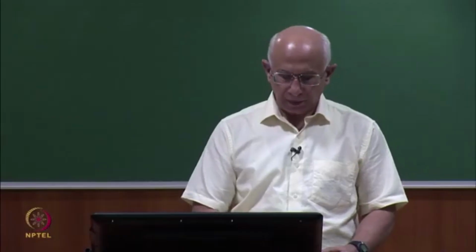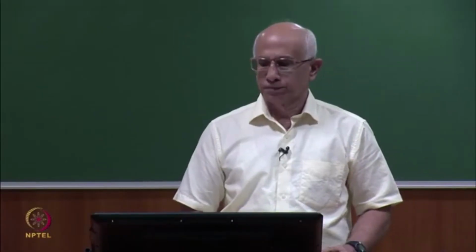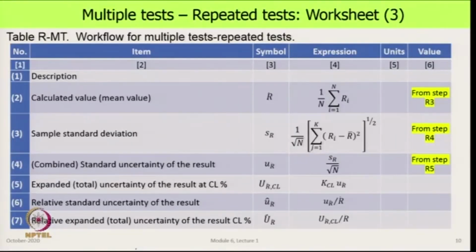Now, we see the table. In this there are columns, which is serial number, item, then there is symbol, expression, units and the value. We write down the description of the parameter over there, what its symbol is, and expression is not applicable at this point. We must always write the units.